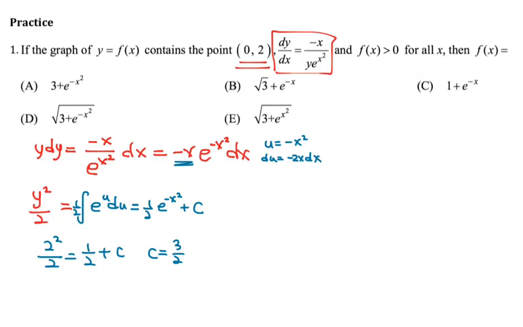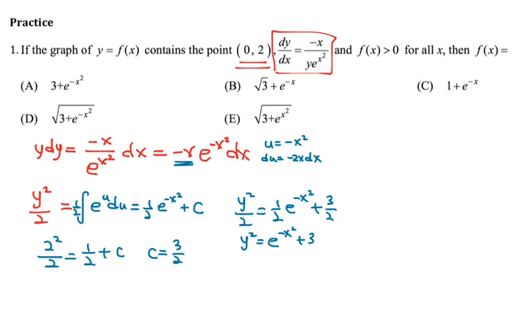Then we can plug in 3 over 2 in place of c, and figure out the rest. So far we have y squared over 2 equal to 1/2 e to the negative x squared plus 3 over 2. Once you multiply all sides by 2, we get y squared equal to e to the negative x squared plus 3.